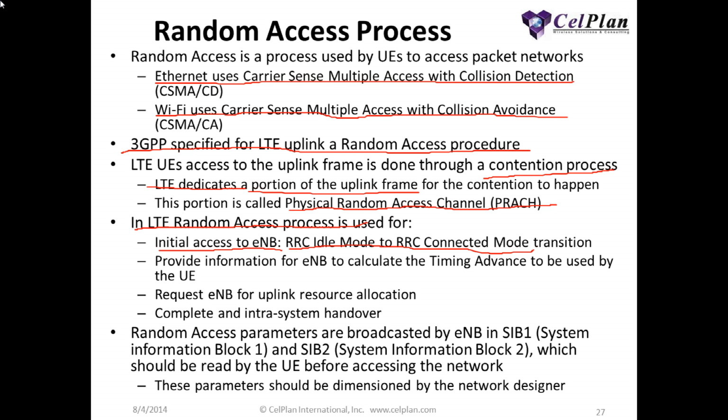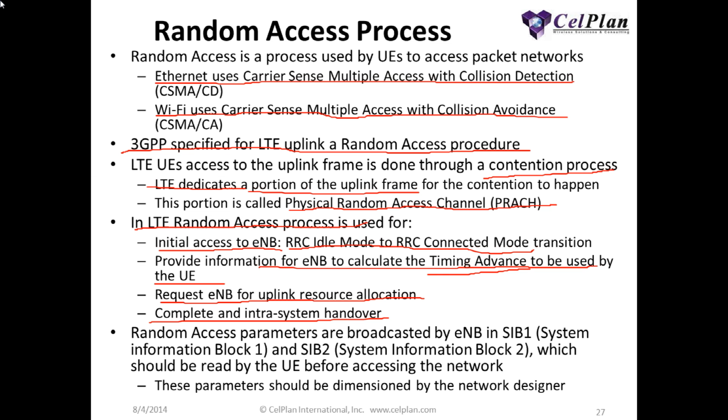With this, it gathers from the eNB the timing advance to be used by the UE. Otherwise, the UE cannot talk to the eNB if it doesn't know exactly the timing advance to be used. It also has to do the random access when it needs uplink resource allocation, or it needs to complete an inter-system handover.